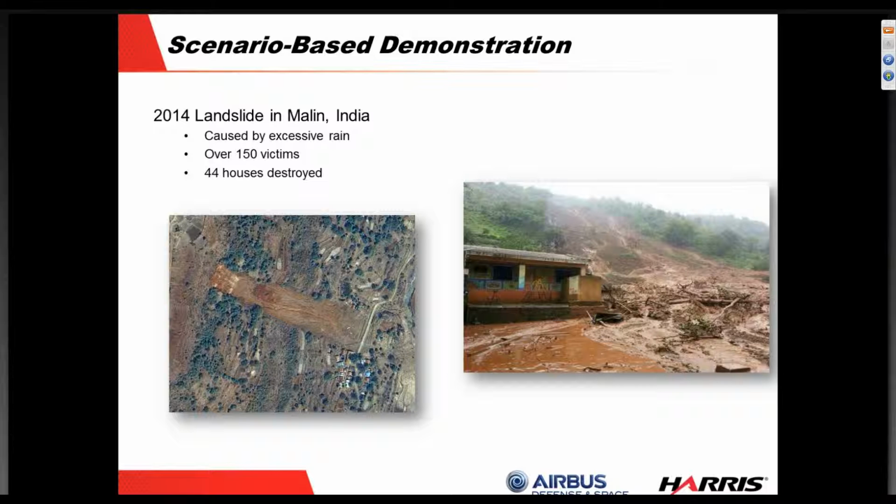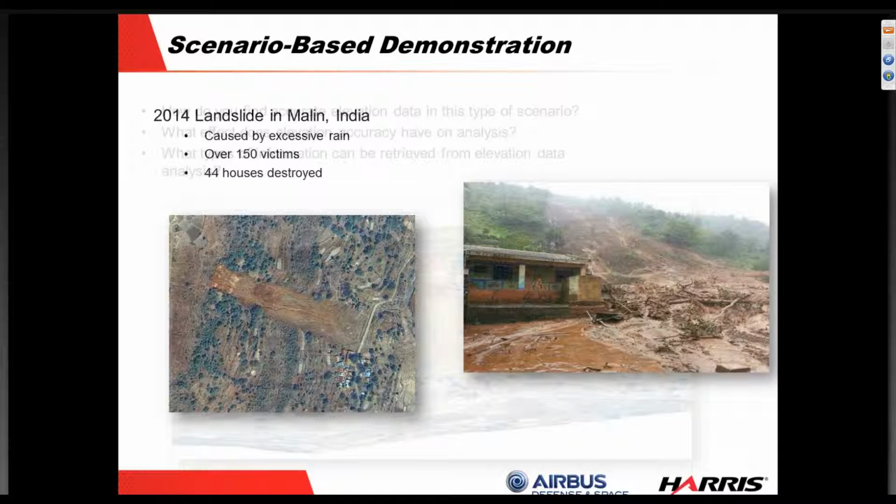This was caused by excessive rain in the region over just a couple of days. There were over 150 victims of this event, and over 44 houses were destroyed. And here on the right, you can see an actual picture of that landslide. You can really understand the magnitude of it from that picture.